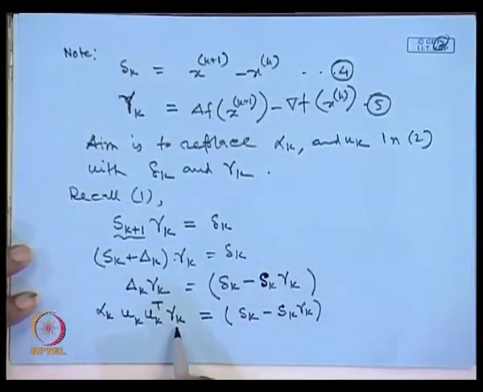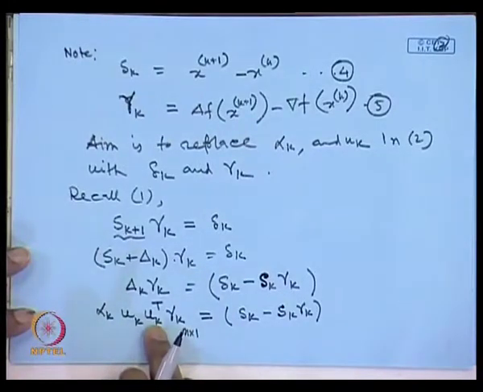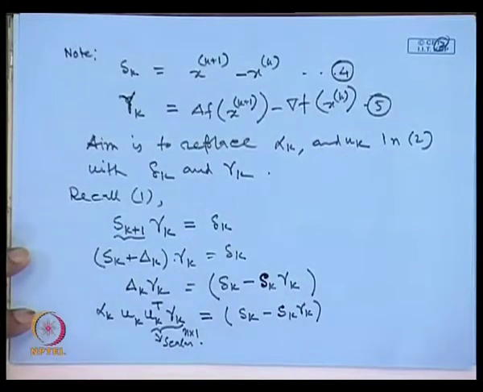And note this one, what is gamma k? Gamma k is nothing but the difference of the gradient values at two successive points. So it is a vector of dimension n cross 1, and u k transpose is of dimension 1 cross n. So the product of these two is a scalar quantity.